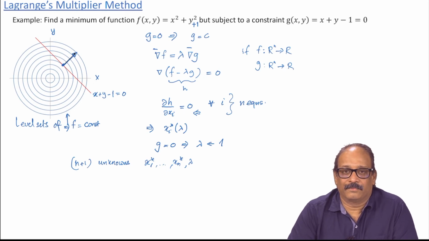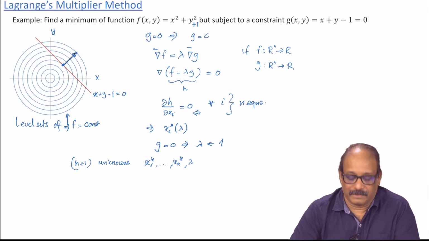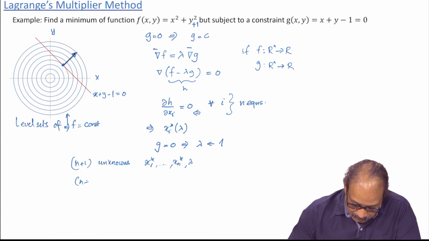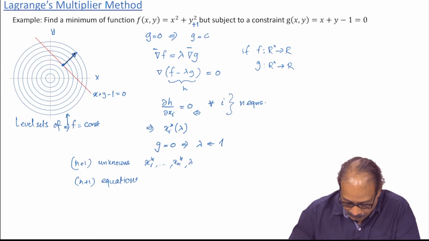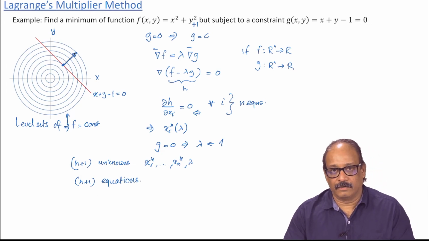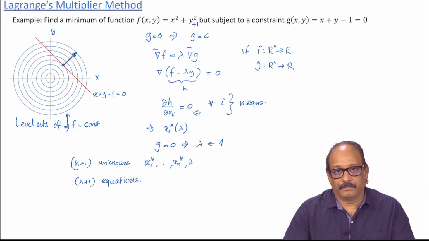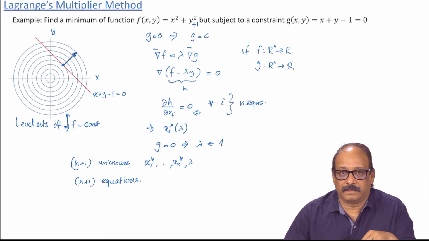And then how many equations do we have? n plus 1 equations. We also have n plus 1 equations. Okay. This is how we can get the minimum in the constraint problem.